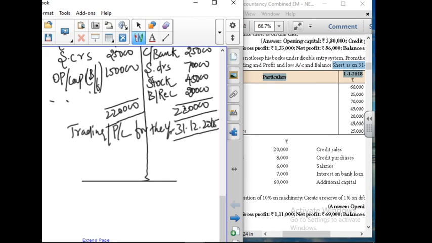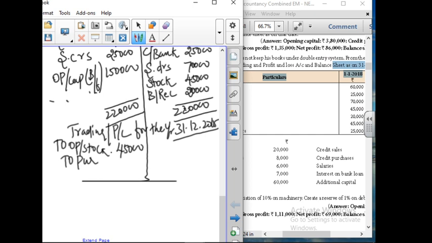We'll start with To Opening stock, amounted to 45,000, and To purchases.